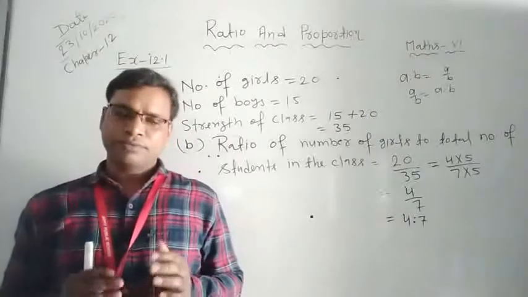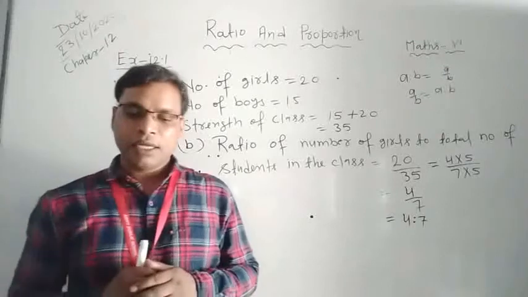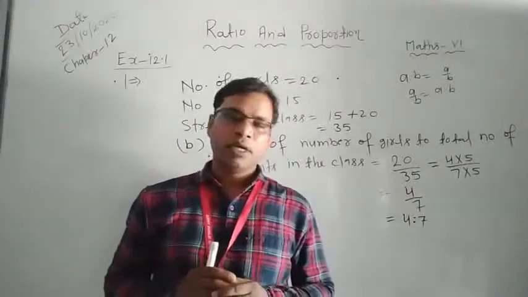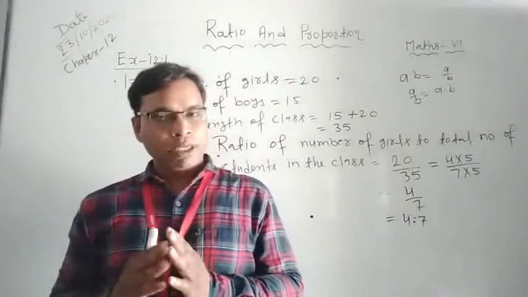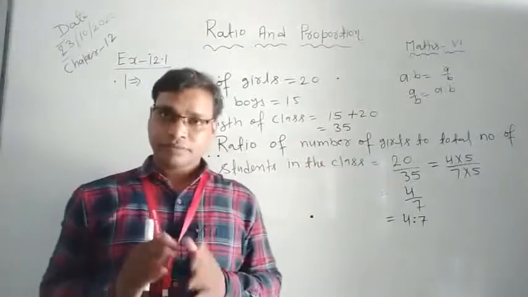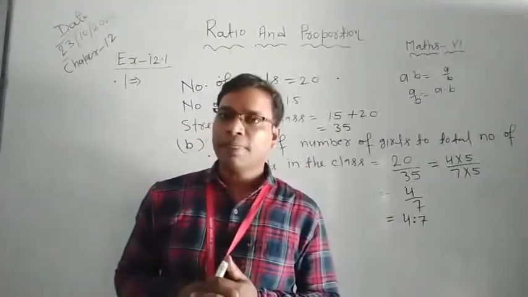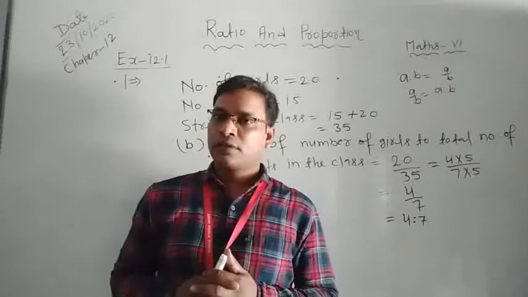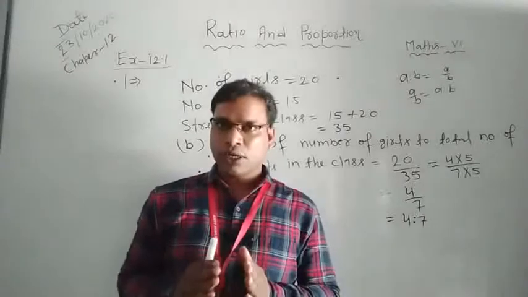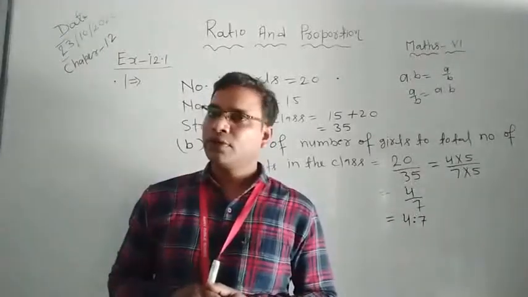Part A asks what is the ratio of the number of girls to the number of boys. We can say 20 by 15. If we simplify this, dividing by 5, we obtain 4 by 3. So the ratio of the number of girls to the number of boys is 4:3.